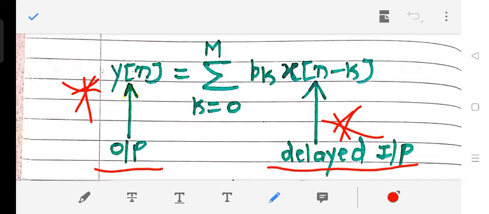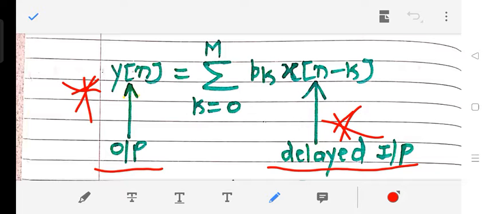There is only y of n, and there are delayed input versions, that is x of n minus k, where k varies from 0 to m. That represents that this system is only a feed forward system, that is, an all zero system. There is no feedback.